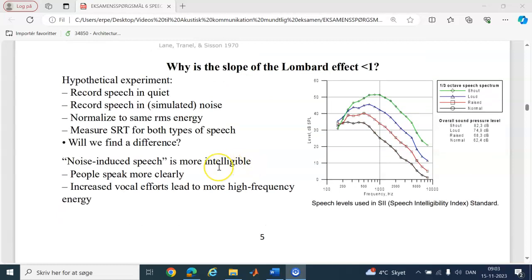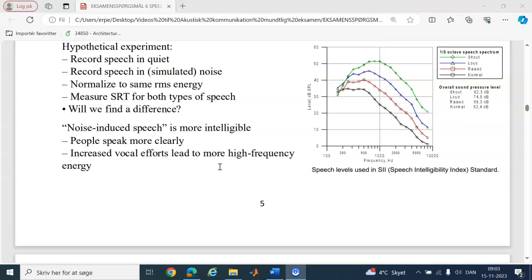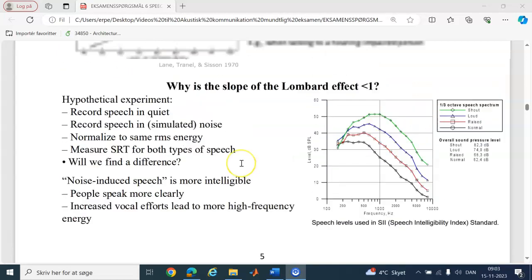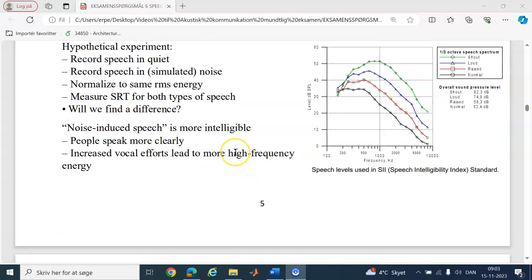Yes. Noise-induced speech is more intelligible. People speak more clearly when there is noise. Increased vocal effort leads to more high frequency energy. So if you speak to a hearing impaired person, you should speak more clearly.